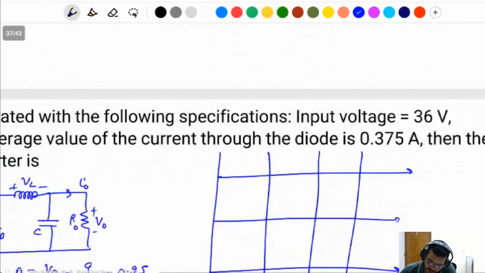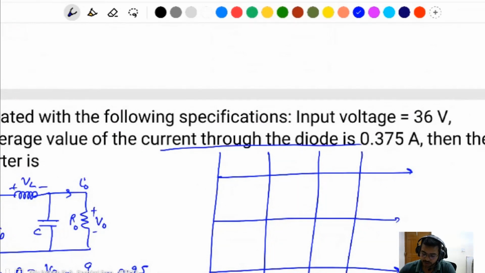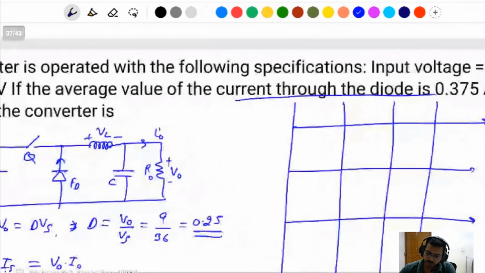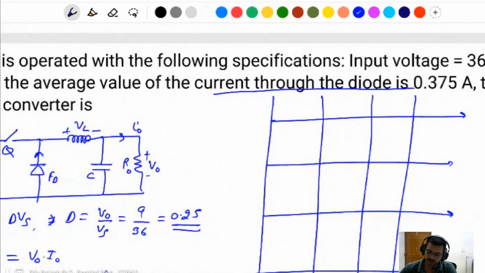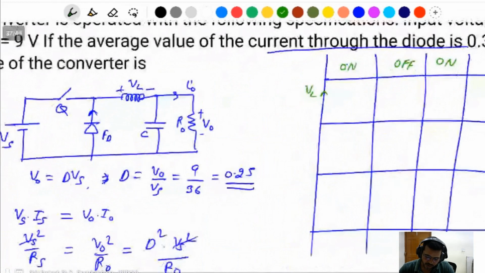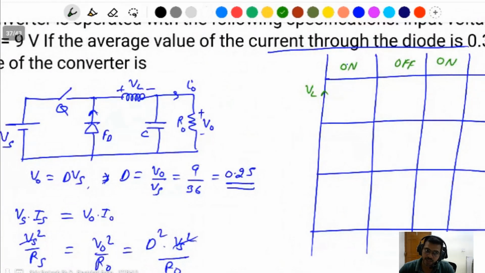Something is given, like the current through the diode. This current is given as 0.375 amperes. This is the on condition, and this is the off condition. Inductor voltage, when the switch is on, then Vs minus V naught appears.